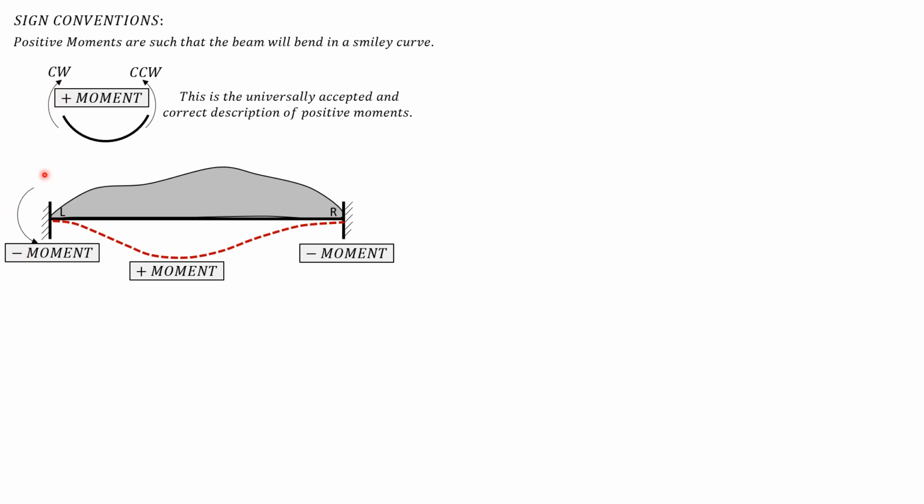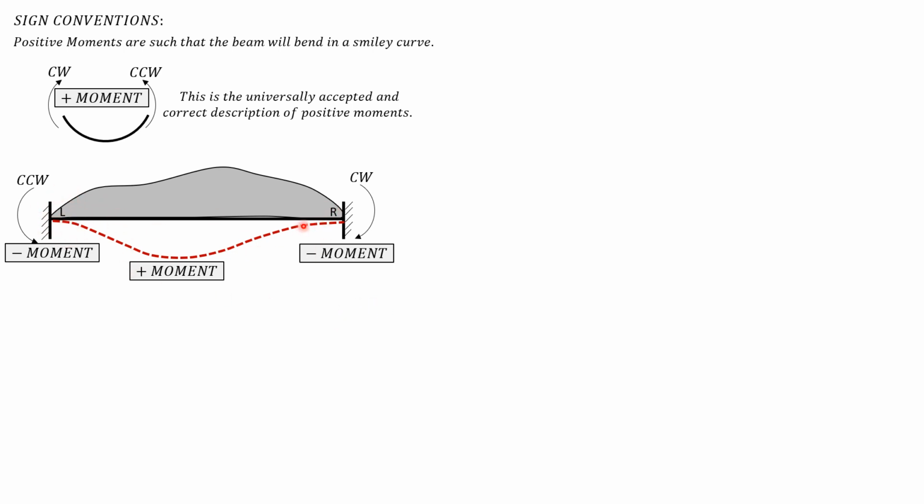So at the left, and on the other side, it is clockwise. Therefore, because it is only the other side of the moment which is clockwise, it matches with the sign convention for slope deflection equation.